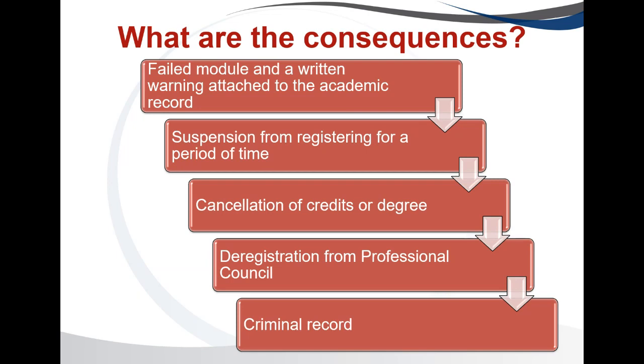Or if your degree is revoked, they might remove you from the professional council. In some cases, the university might work with the South African Police Service to institute criminal charges against you. If found guilty by a court of law, you might have a criminal record as well as land in jail.